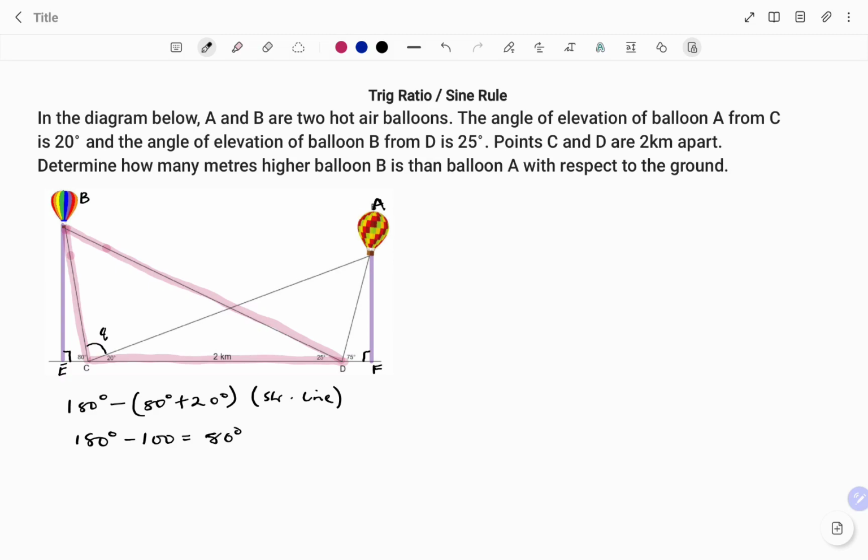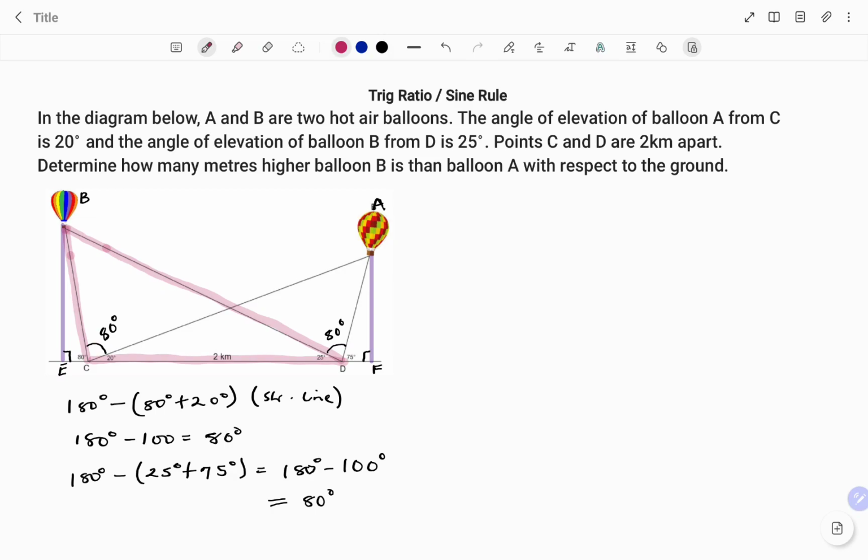So this angle is 80 degrees. I'm going to do the same on this side to find this missing angle, because that's also angles on a straight line. I have 180 minus 25 degrees plus 75 degrees. That will be 180 minus 100 degrees, and that will also be 80 degrees. So this angle is 80.